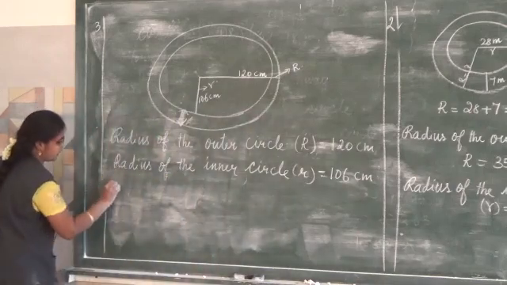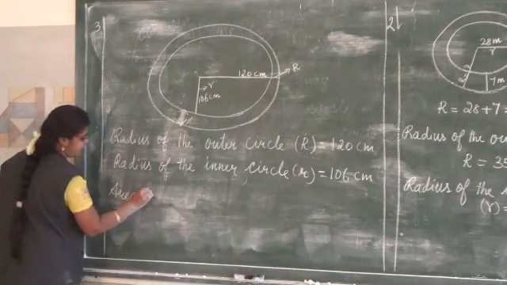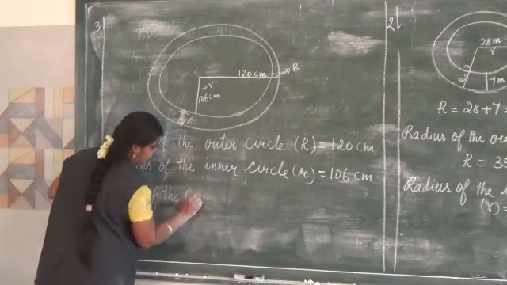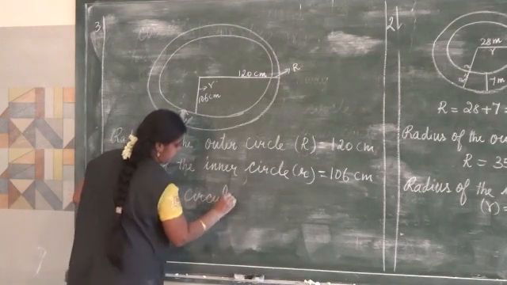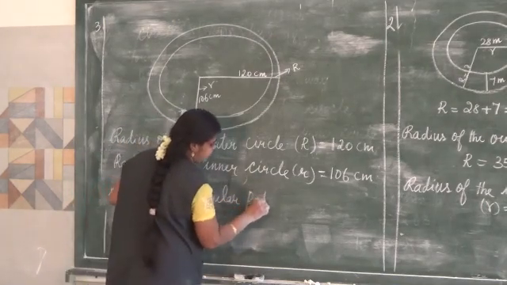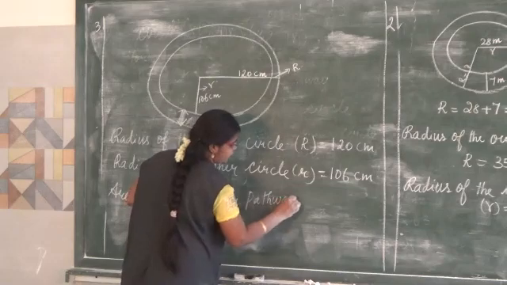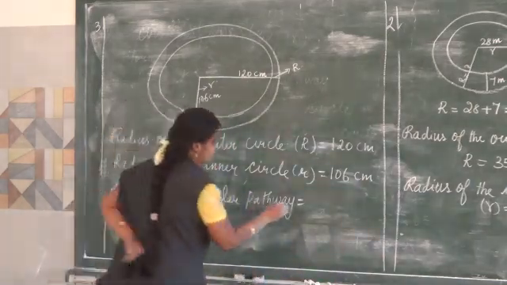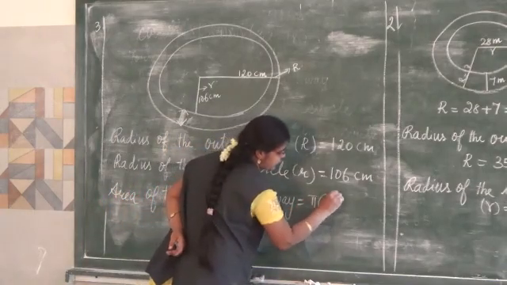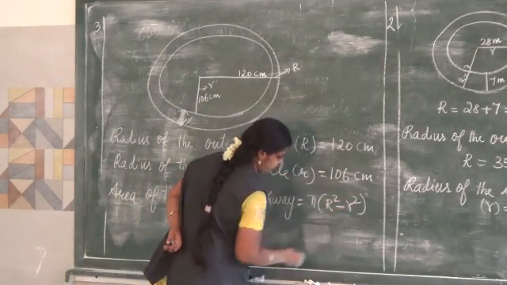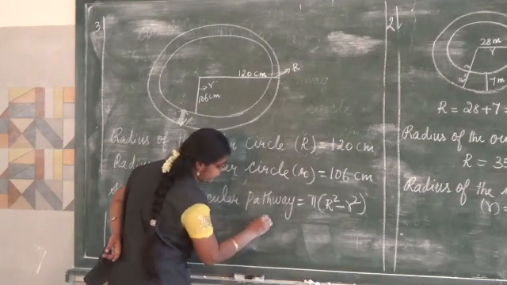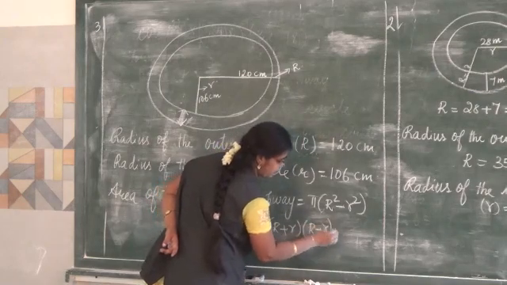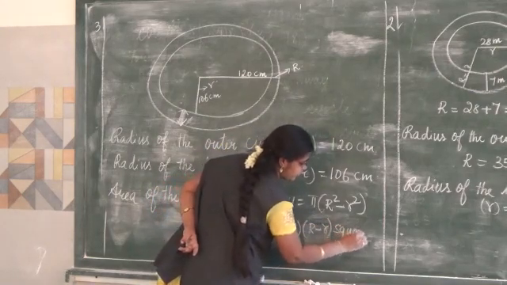So we know that the area of the circular pathway is equal to, the formula is pi R square minus r square. So this you can write as pi (R plus r) into (R minus r) square units.